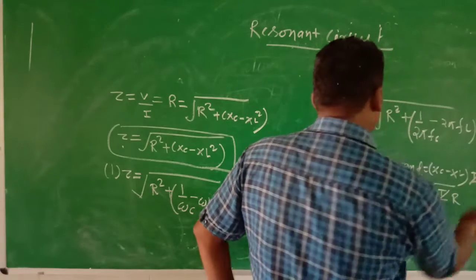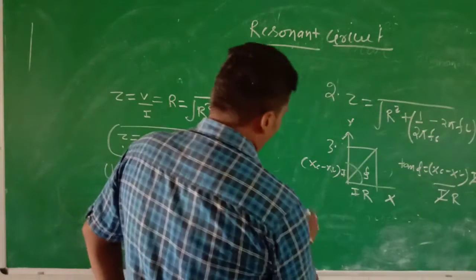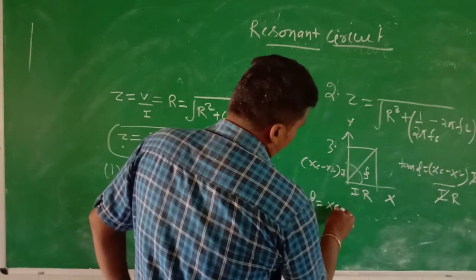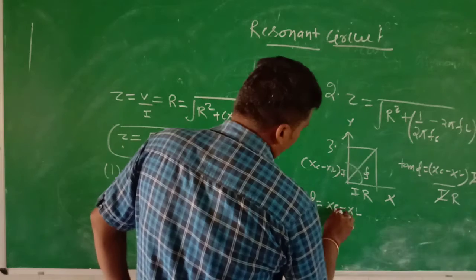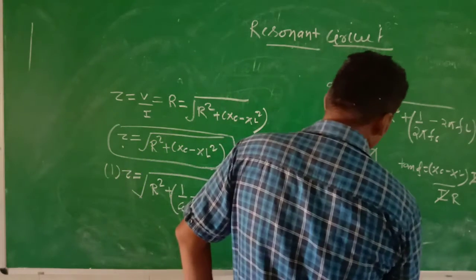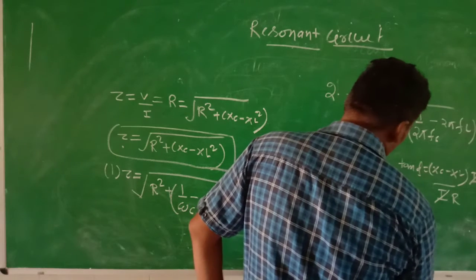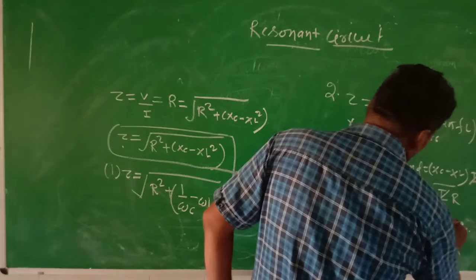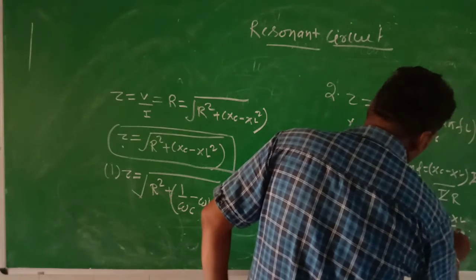Now I is cancelled from both. Therefore, tan phi is equal to (XC minus XL) by R, or phi is equal to tan inverse of (XC minus XL) by R.